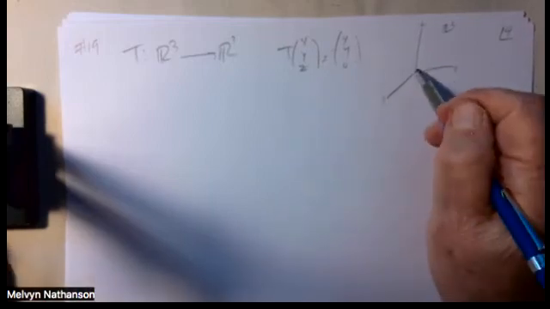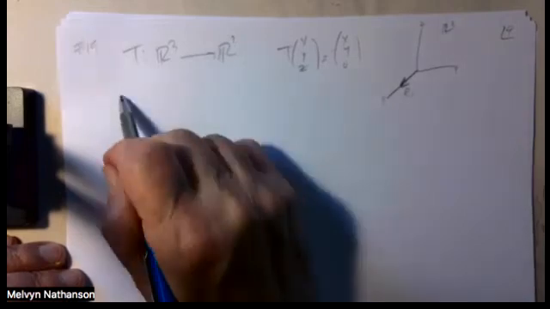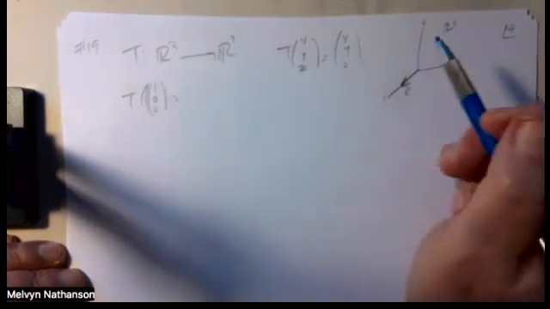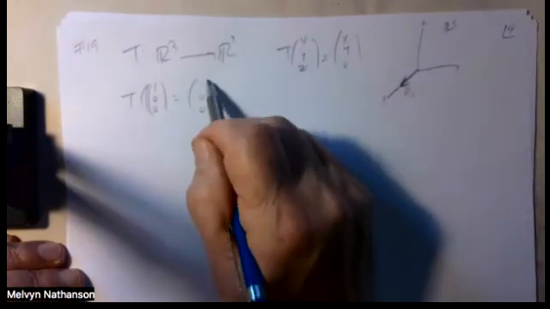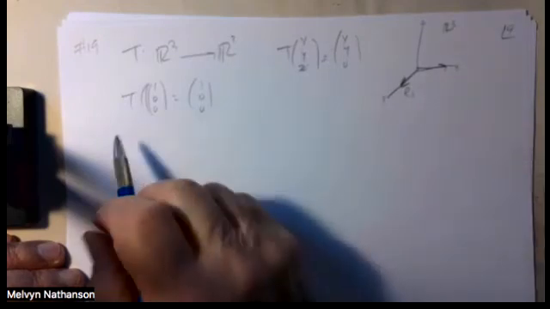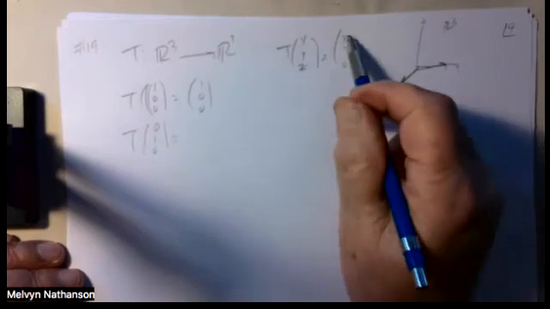If I take a vector e1 of length 1 in the X direction, T of the vector 1, 0, 0 is 1, 0, 0. If I take a unit vector in the Y direction, T of 0, 1, 0 is 0, 1, 0.